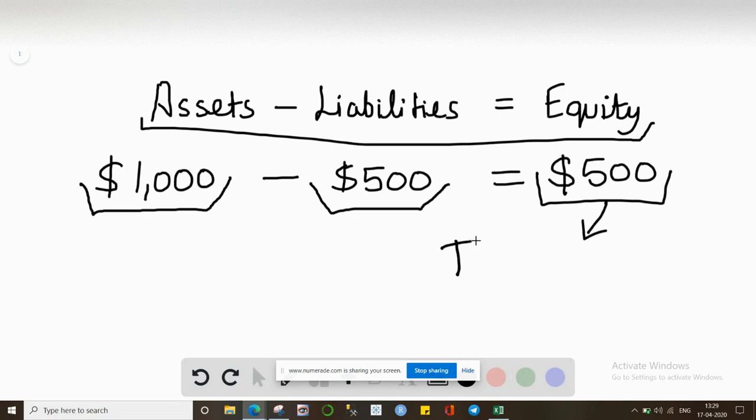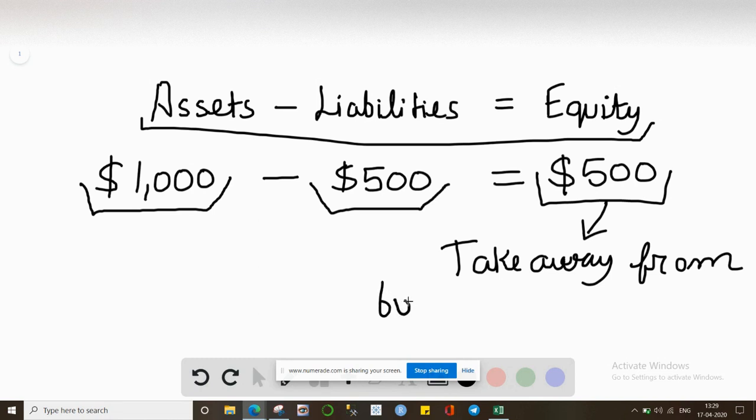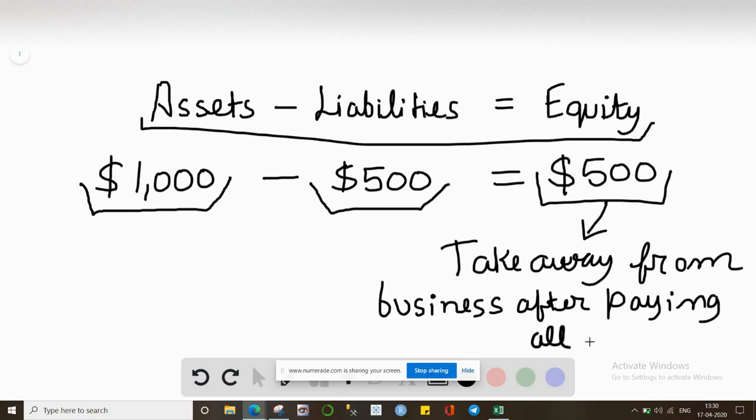It's like a takeaway from business. You can note it down. This is a very summarized definition of equity: takeaway from business after paying all liabilities.